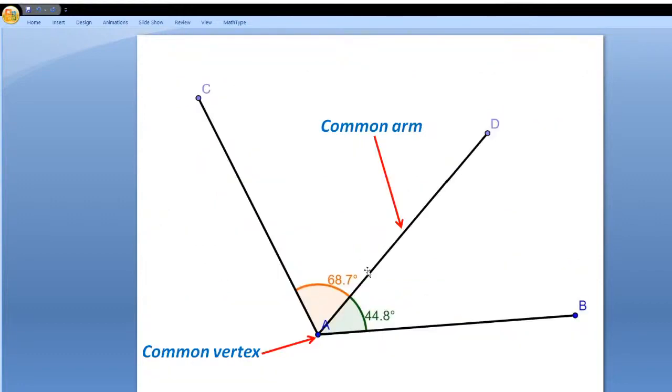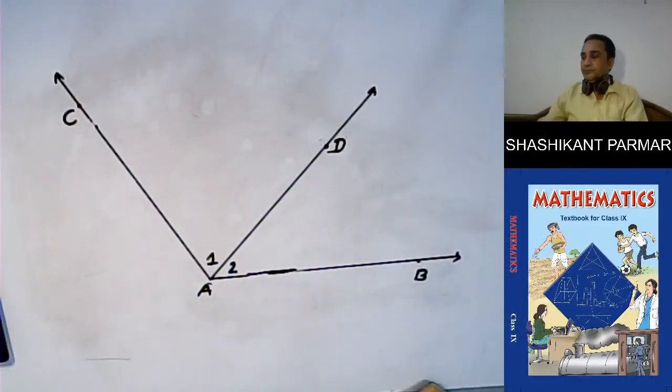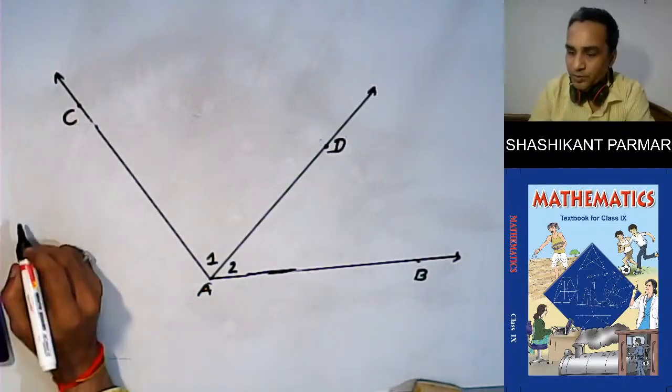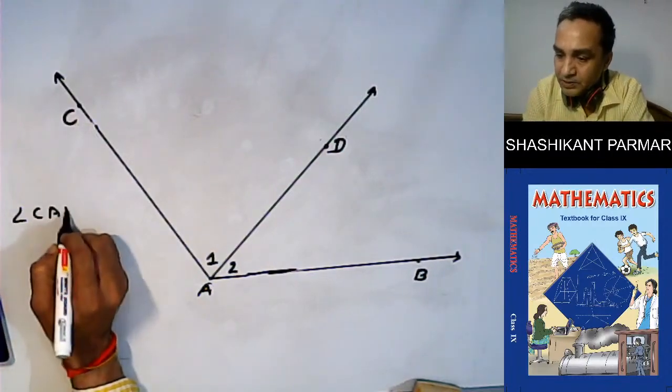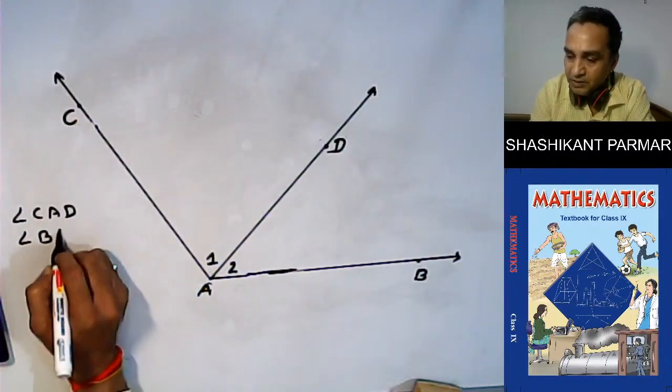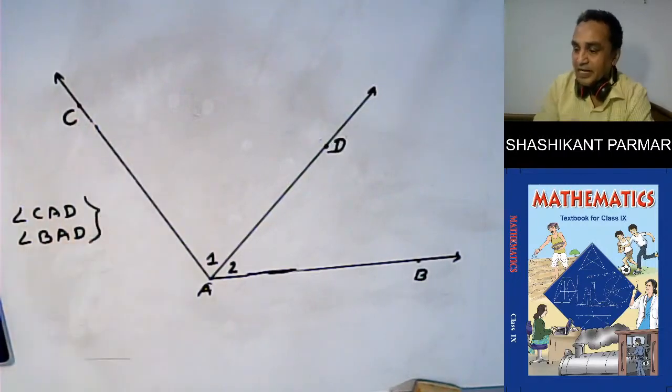Let me draw this figure again for you. Angles CAD and BAD are adjacent angles.